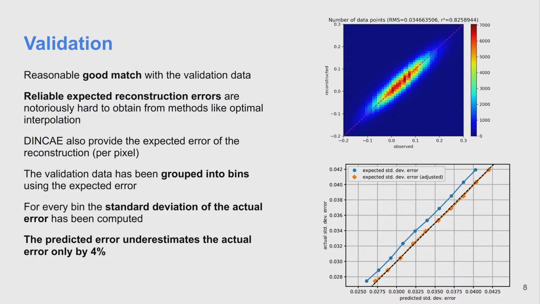And so if both coincide, you should be perfectly on this dashed line, okay? So what we have is a slight offset, but it's still a very good match, actually. So we are underestimating the actual error by 4%, but to me, it's quite surprising that the neural network was able to give a really reliable error estimate. And that is something that's actually very hard to get from traditional methods, because a lot of assumptions go into how the error is.